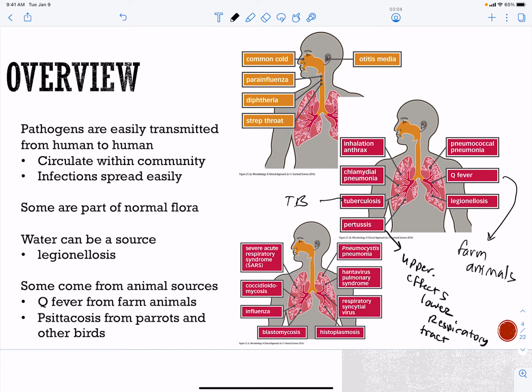And so pertussis is going to be a cause for whooping cough, but it also has a toxin which is going to cause a swelling almost of your airways. And then we have our severe acute respiratory syndrome, or SARS, which now, of course, we have SARS-2.